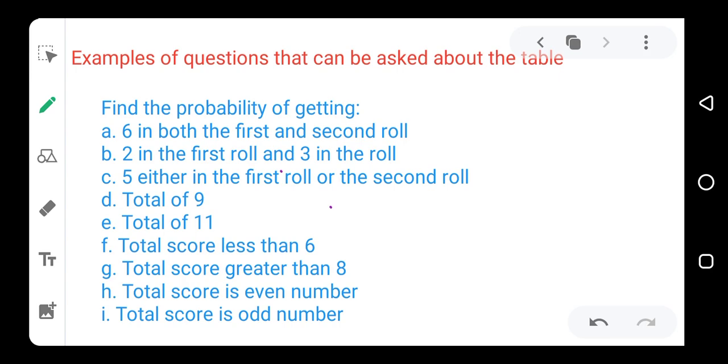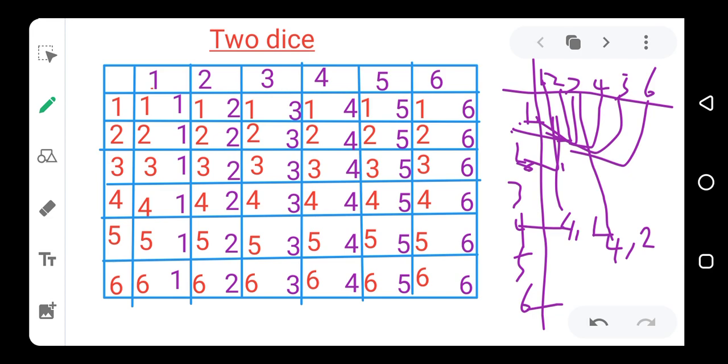If you are asked this kind of question, you come to the probability table you've drawn and look for the one that is 6, 6. That determines the one that has 6 in the first row and 6 again in the second row. So you check your table one by one. You look for the one that is 6, 6. This is the one that is 6, 6 here.